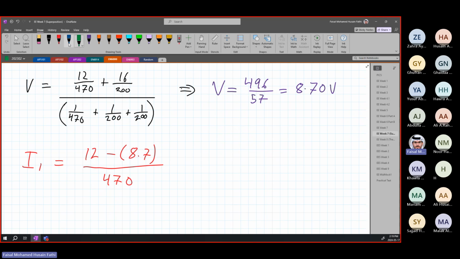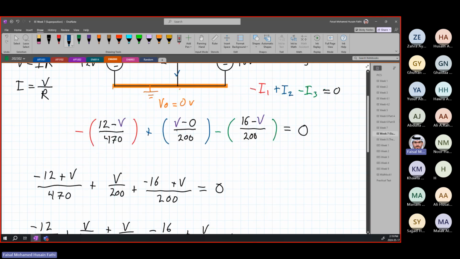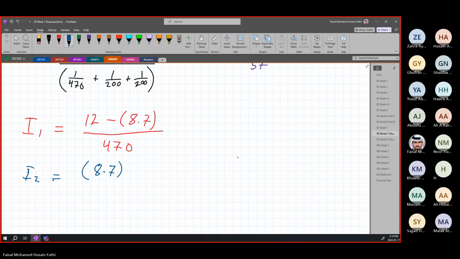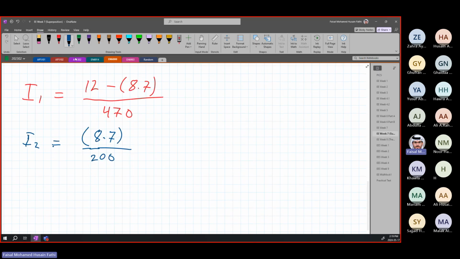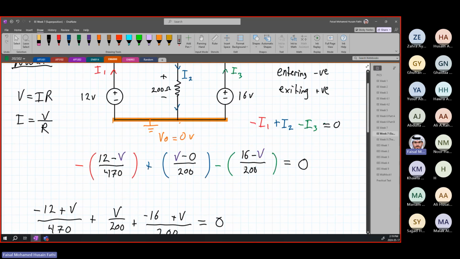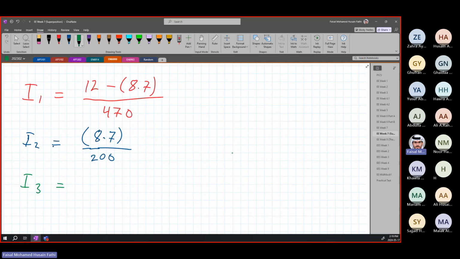For I2, it's V over 200, so 8.7 over 200. And for I3, it is equal to 16 minus V over 200, so 16 minus 8.7 over 200.